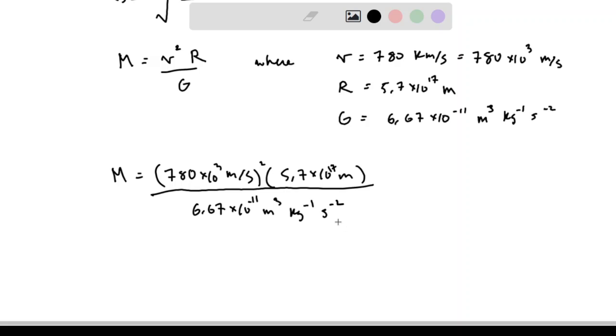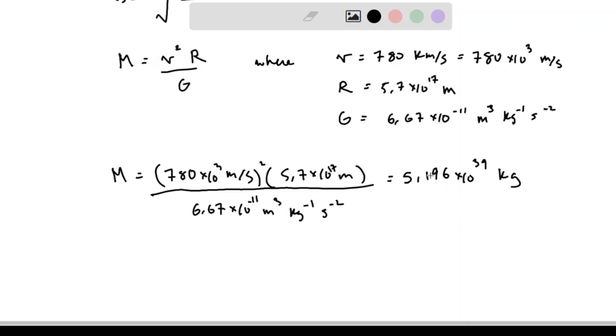And we'll see that all of our units will cancel out except for the kilogram, giving us a result of 5.196 times 10 to the 39 kilograms.